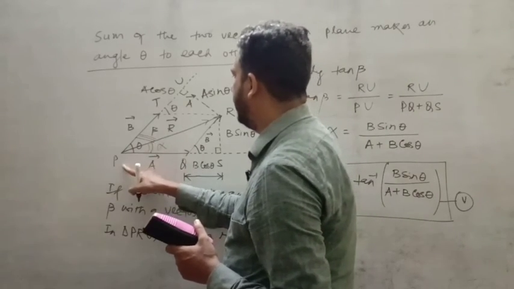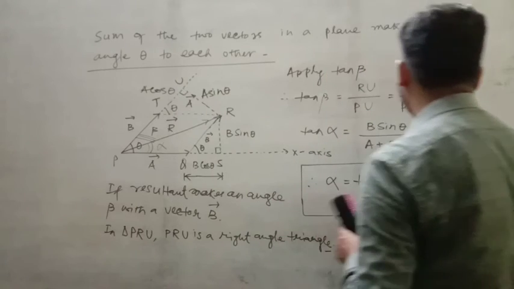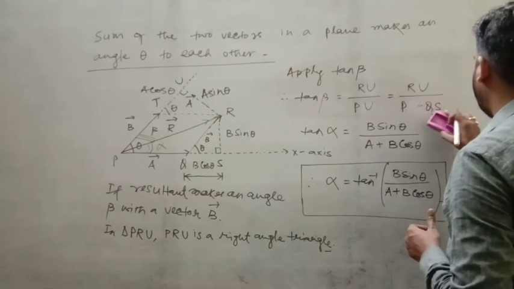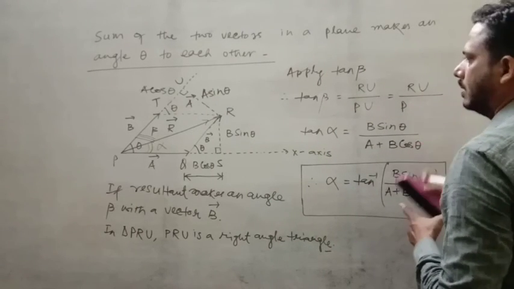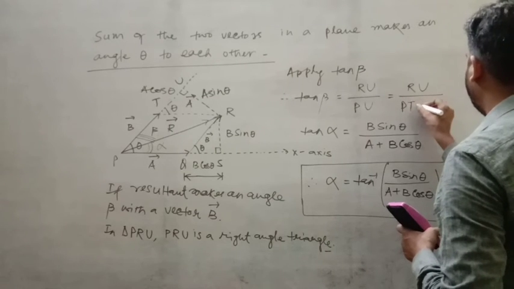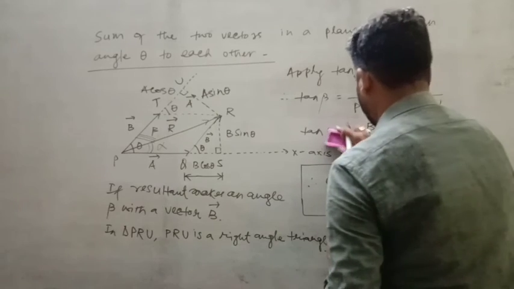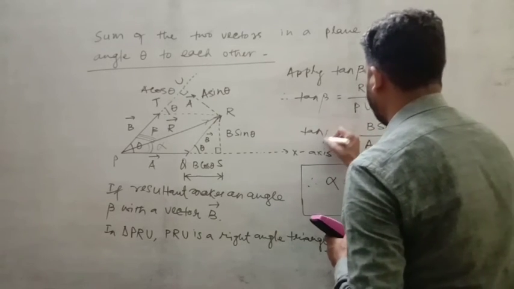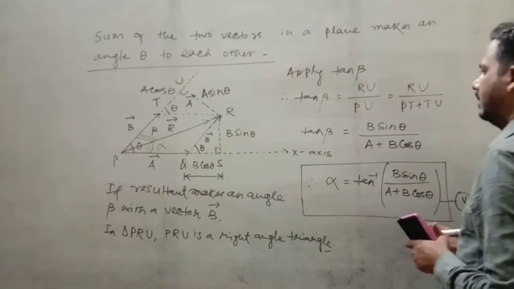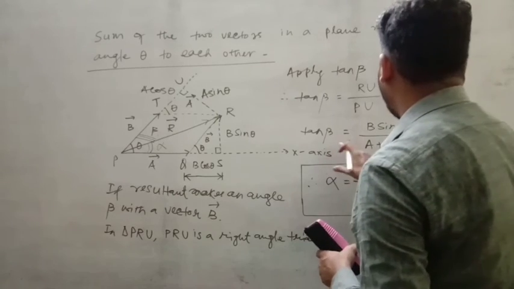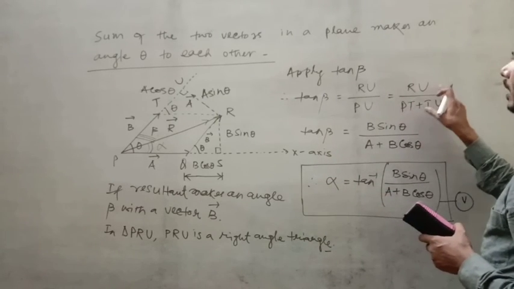So PU is split into PT plus TU. Therefore, tan beta, just put the value of RU.